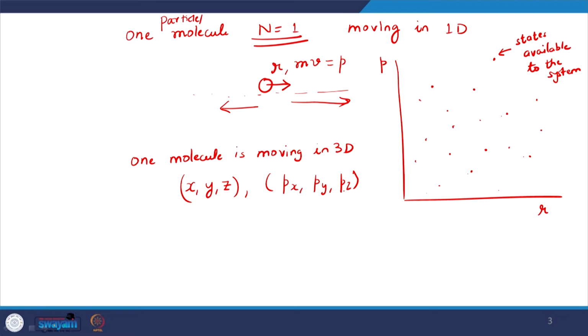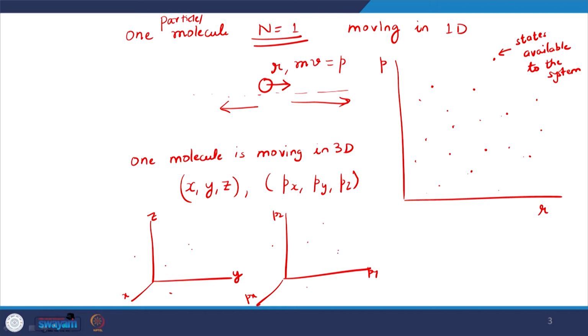Position-wise the particle can be anywhere, and similarly momentum-wise the particle can be anywhere.